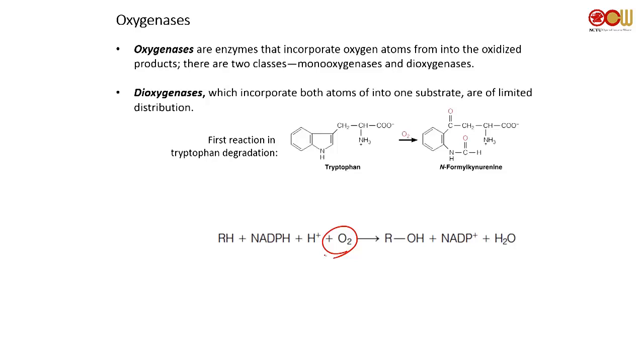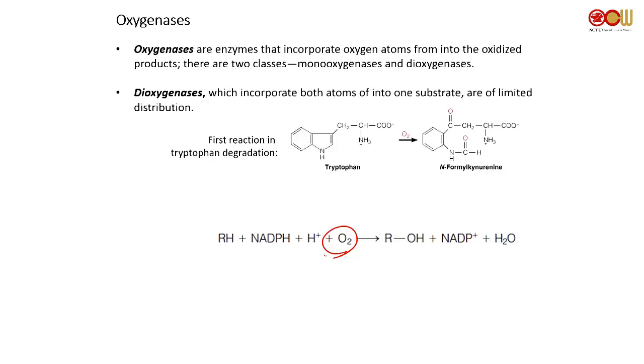You just have to know that there are two types, monooxygenase and dioxygenase. Dioxygenase just means that it incorporates both of the two oxygen atoms, and will put both into some molecule.